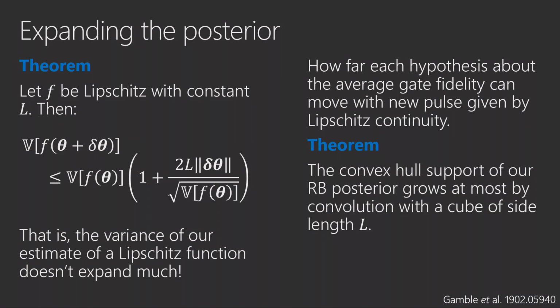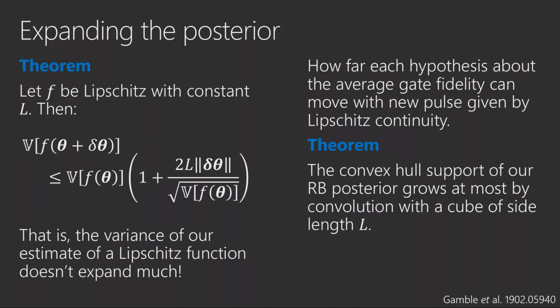We use that by expanding our posterior at each step. Now that we have this smoothness, we can say if we're trying to estimate a function that is smooth with respect to some parameter, and we change that parameter, the variance of our estimate of that function does not change very much. In fact, it changes roughly proportionally to that Lipschitz constant itself.